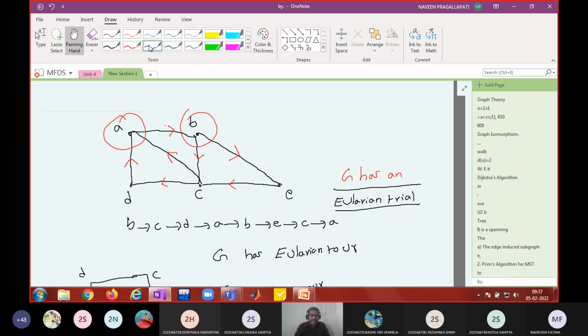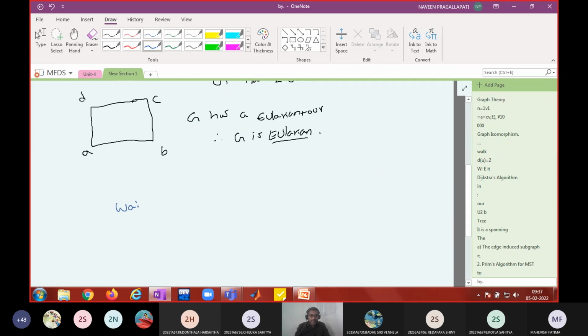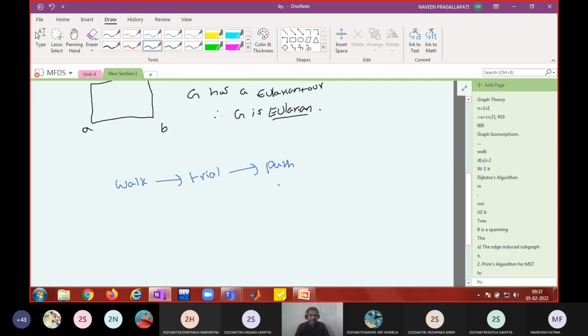A walk may contain repeated vertices and repeated edges. This walk becomes a trail if the edges are not repeating. And this trail becomes a path if vertices are also not repeating.